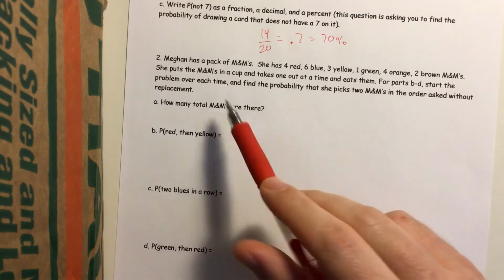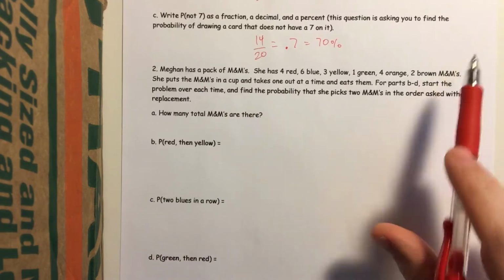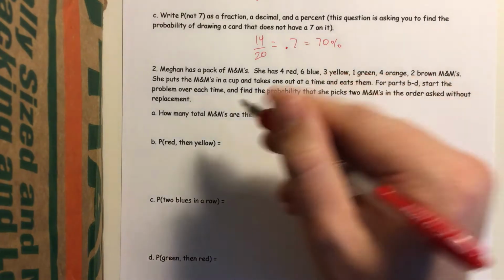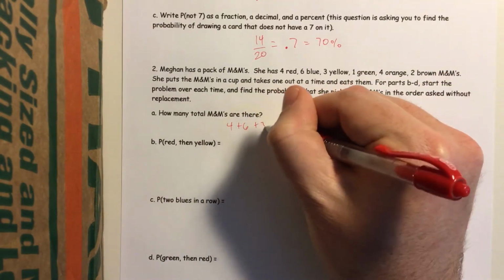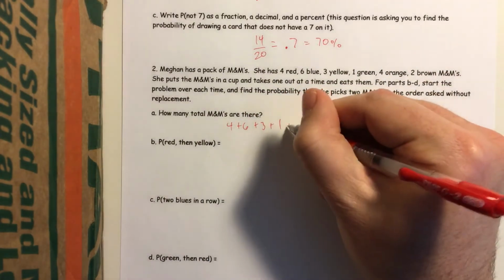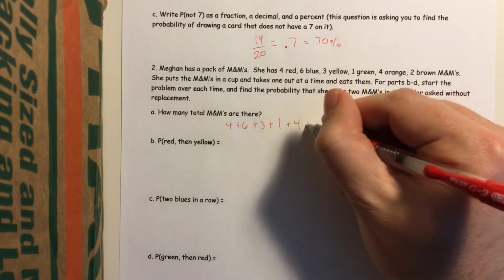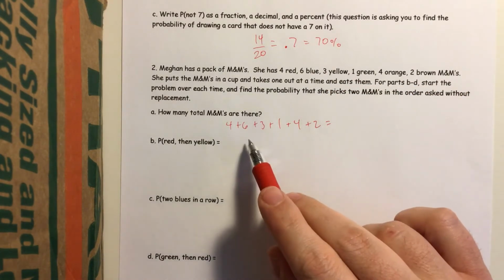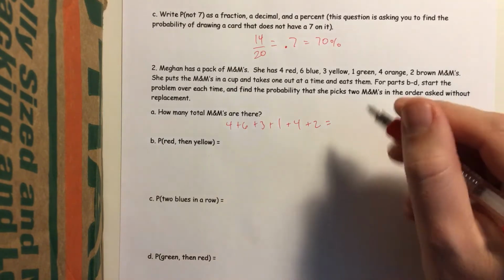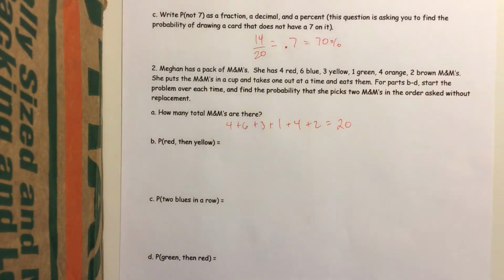Before we get to these, let's talk about how many total M&Ms we have. We have 4 red, 6 blue, 3 yellow, 1 green, 4 orange, and 2 brown. If I add all these up, 4 plus 6 plus 3 plus 1, I think I get 20 again. We got 20 M&Ms.